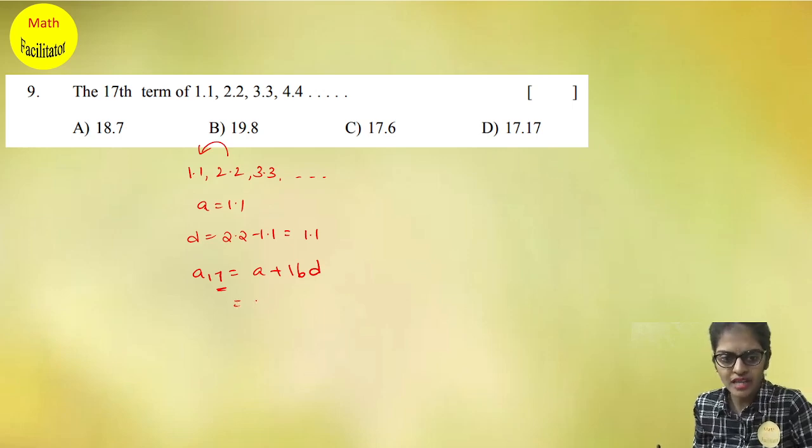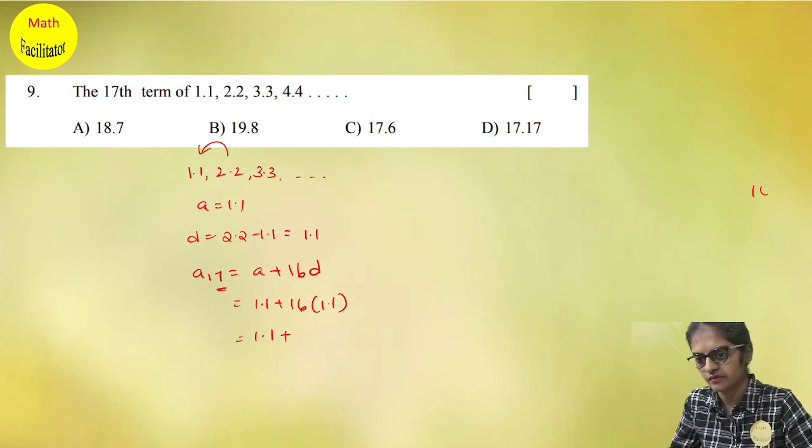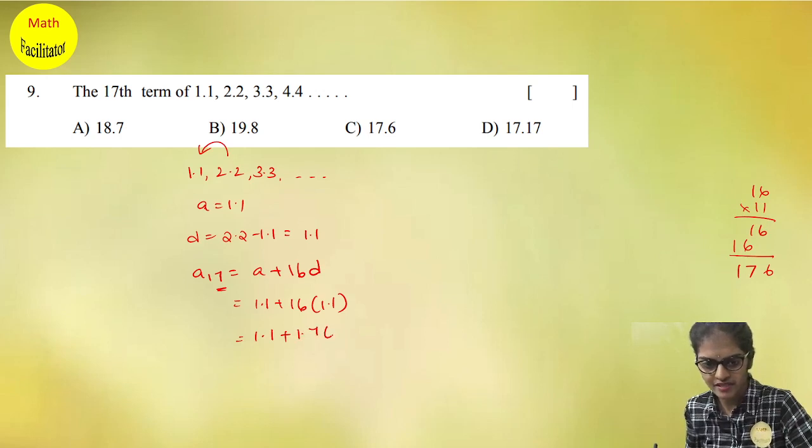So that is equal to A is 1.1 plus 16 into D is 1.1. So 1.1 plus how much is 16 into 11? 16 into 11 is 176. So 17.6 it is.